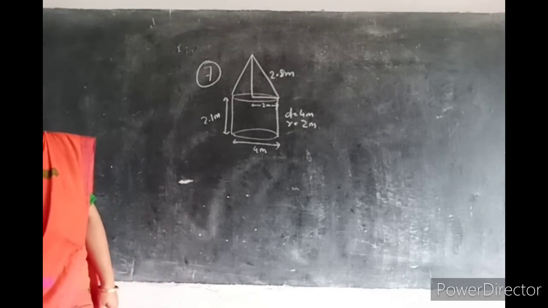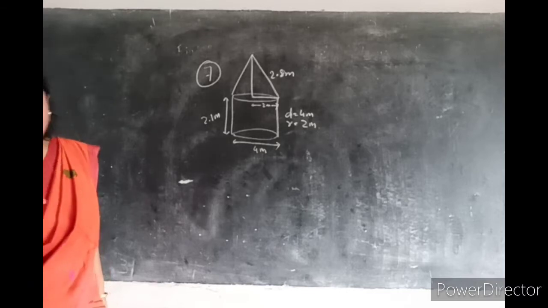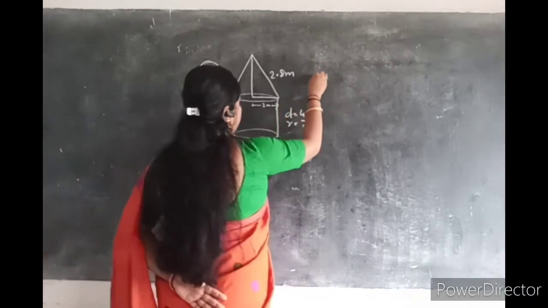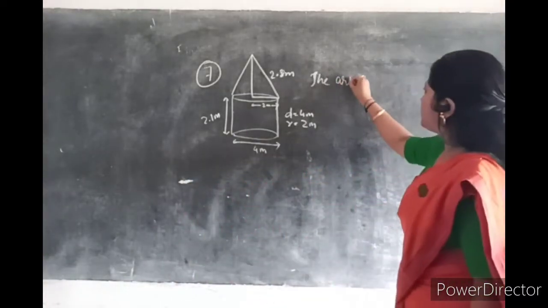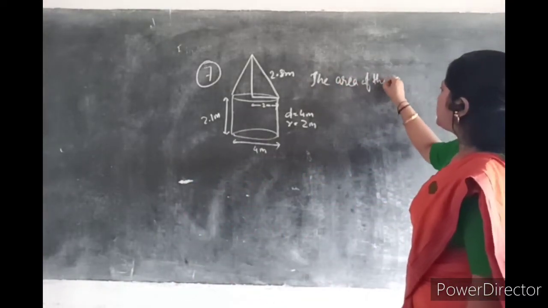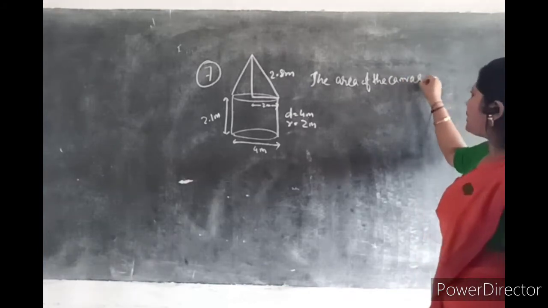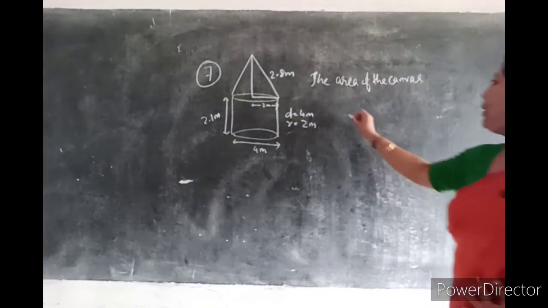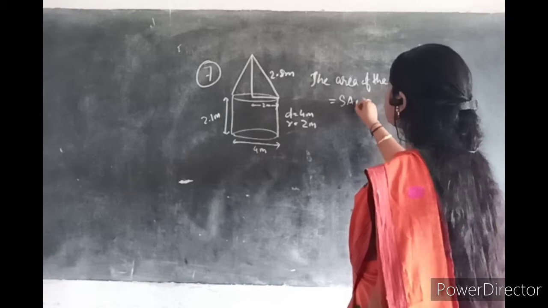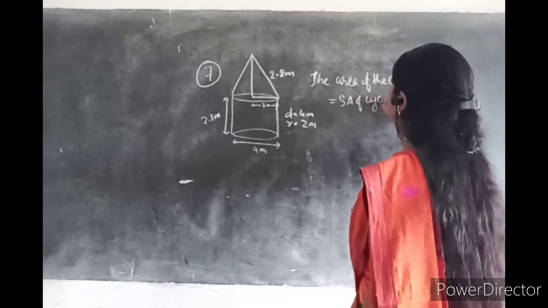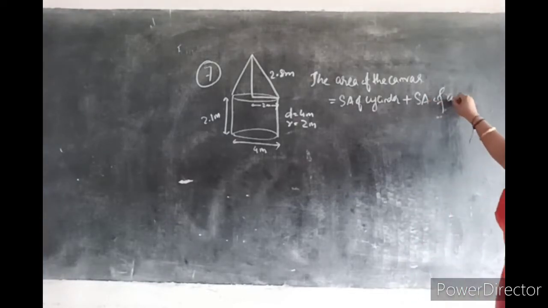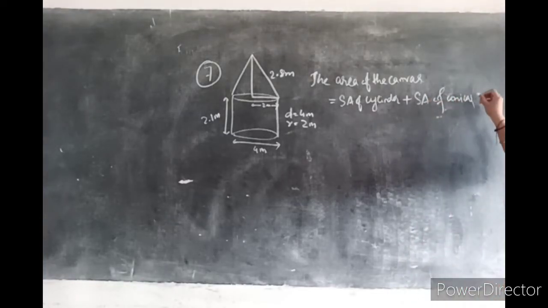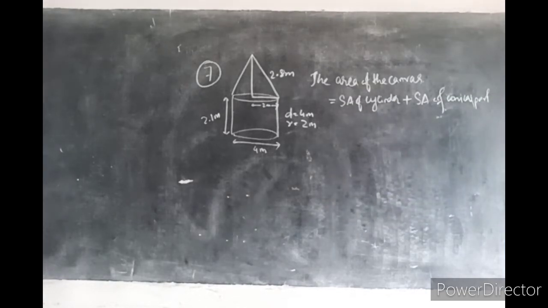Find the area of the canvas. So as you can see here, the area of the canvas will be equal to surface area of your cylinder plus the surface area of the conical part, isn't it? So here there are two solids, one is your cylinder.